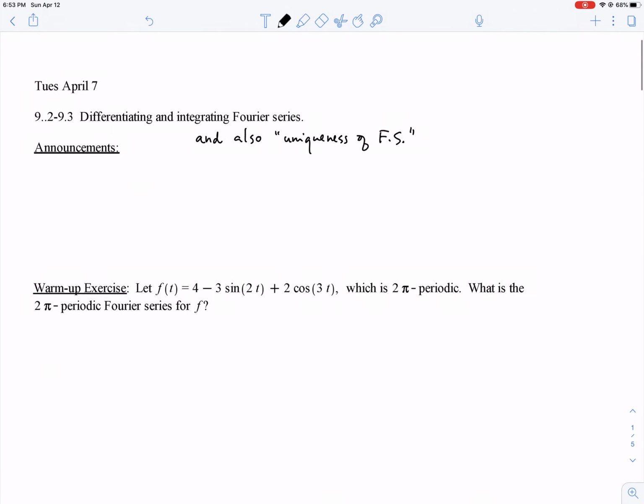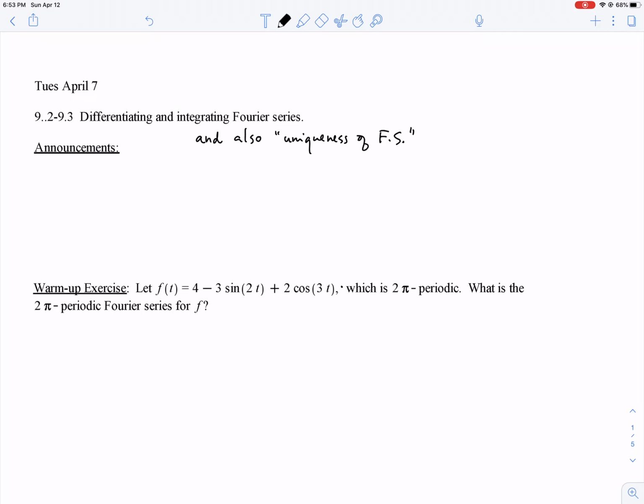So consider a function little f of t equals 4 minus 3 sine 2t plus 2 cosine 3t. That's 2 pi periodic because sine 2t has period pi and cosine 3t has period 2 pi over 3, and multiples of those are 2 pi.